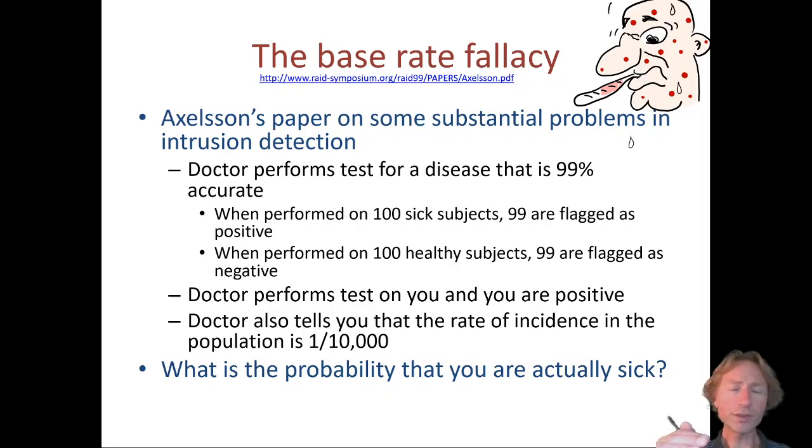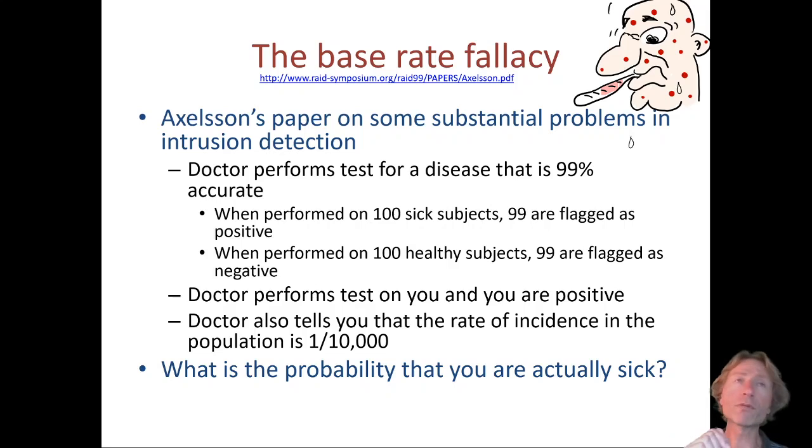Instead of an intrusion detection system, we're going to talk about a medical test. Your doctor is going to perform a test on you for a disease, and let's say that the test is 99% accurate, which means that if we perform this on 100 sick subjects, 99% are flagged as positive, and when we perform it on 100 healthy subjects, 99 are flagged as negative.